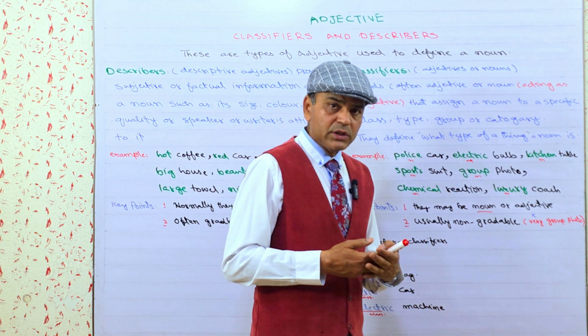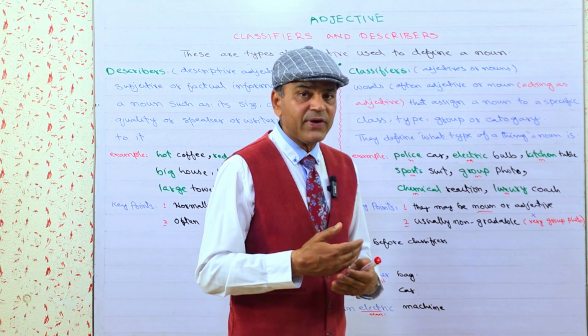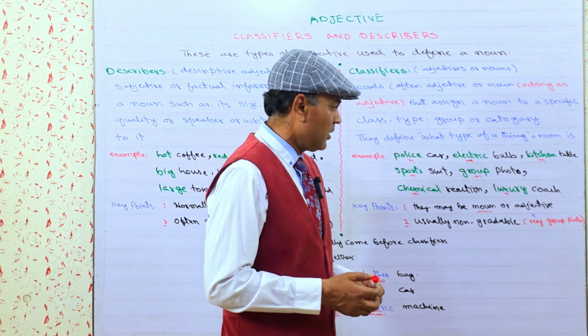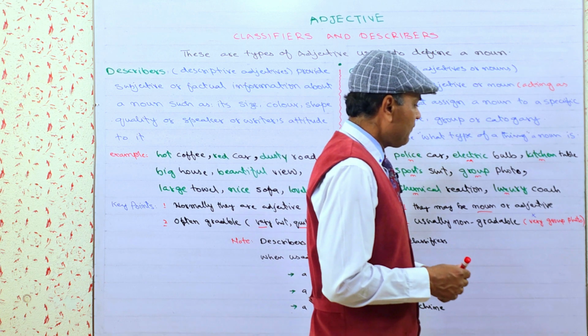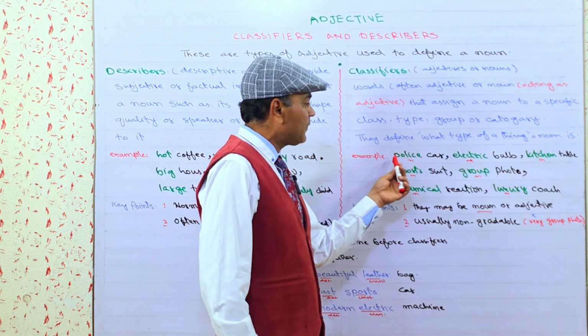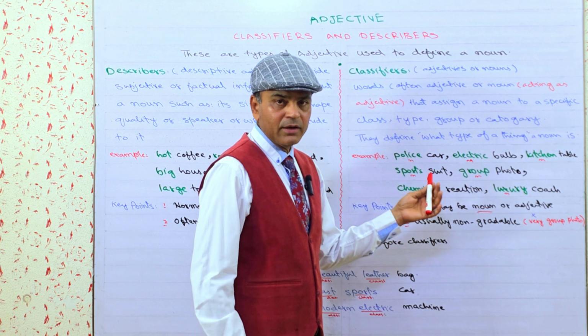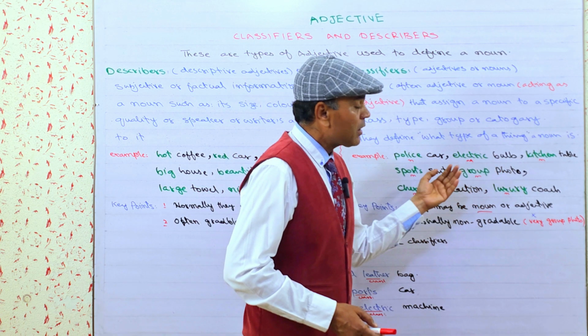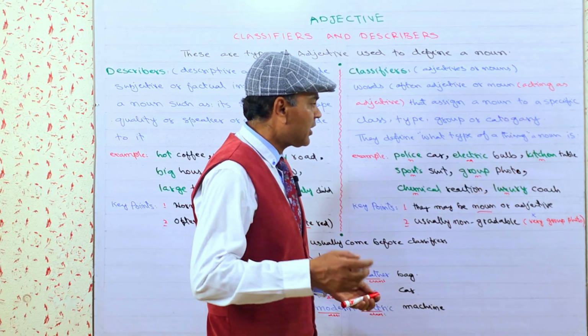If you put other words that intensify their meaning, the phrase will be wrong. For example, let us talk about police car. If I say very police car, incorrect. Very electric bulb or more electric bulb, incorrect.